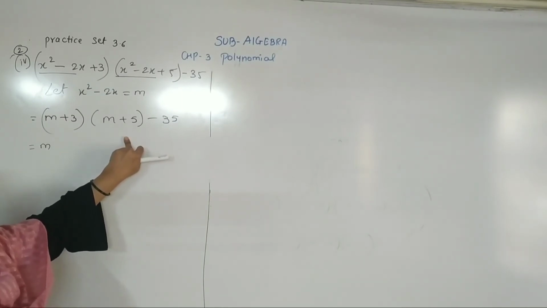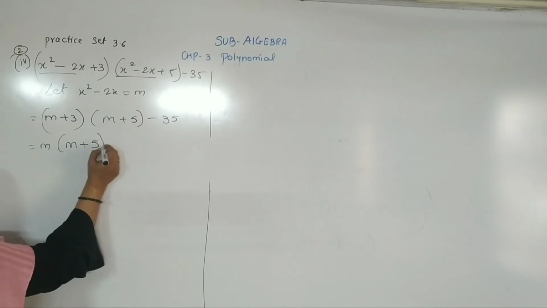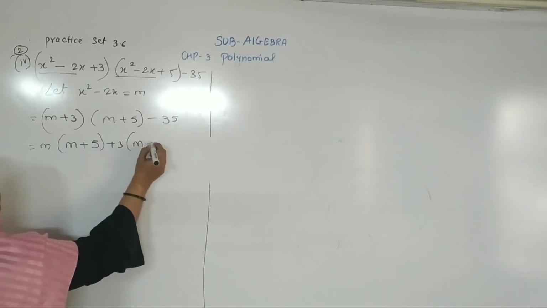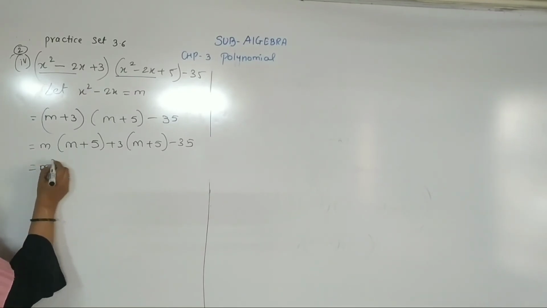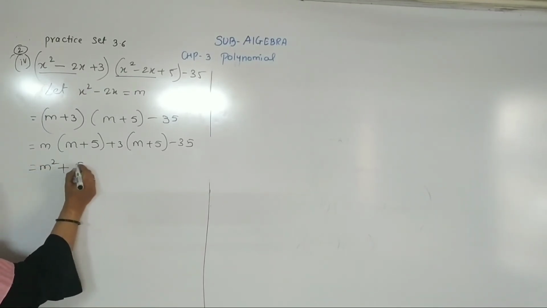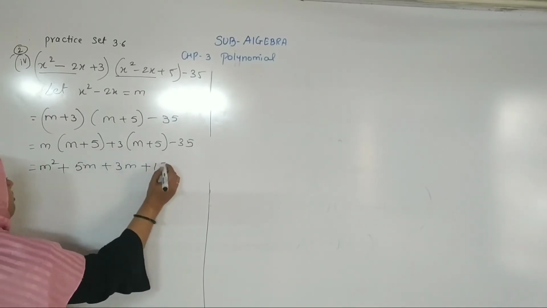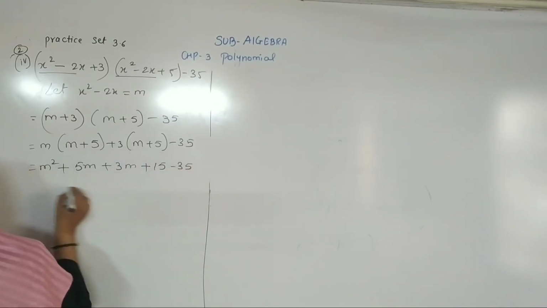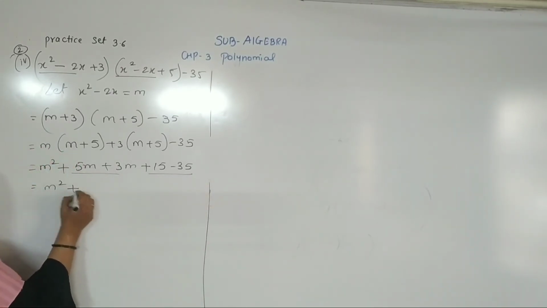It is the pattern of solving the bracket. m square plus 5m plus 3m plus 15 minus 35. See, the same terms I have to operate on.